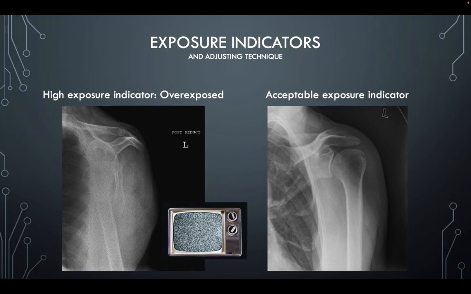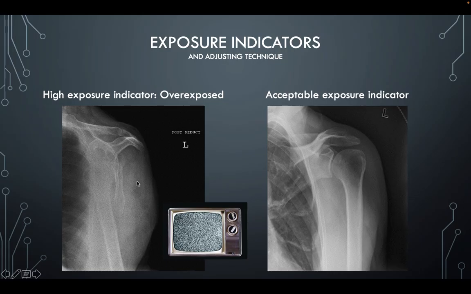All right. And then high exposure indicator. Now, this one's a little tricky. So I see quantum mottle here. But notice that my image is dark, and also I'm not centered over the part that I'm x-raying.